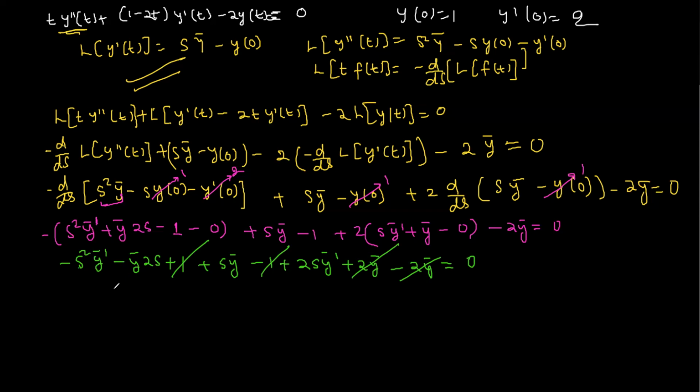Not cancelling, right? Okay. Now you have only s square y bar dash plus 2s y bar dash and then minus s y bar. Understood? Is it clear? Yes.